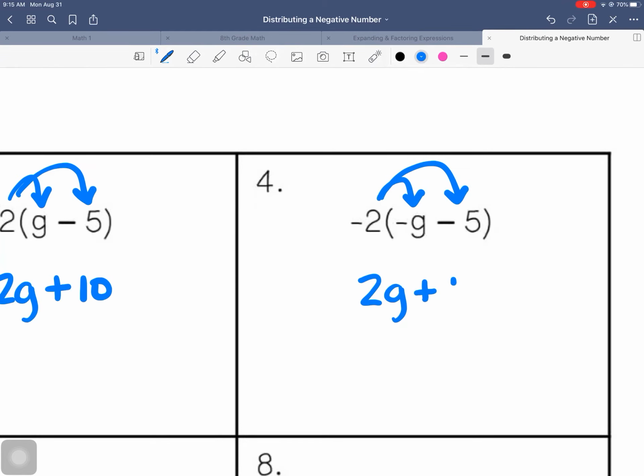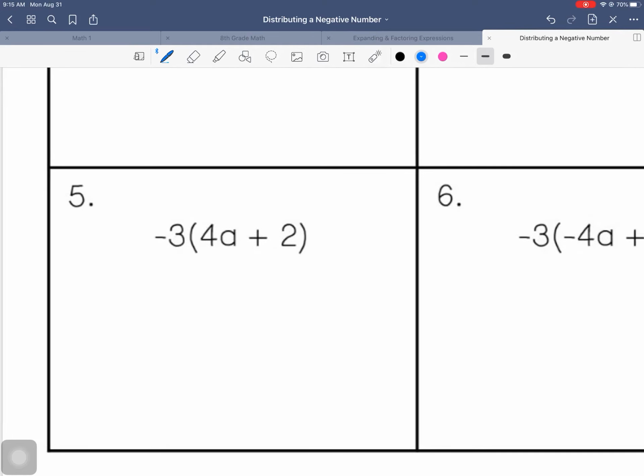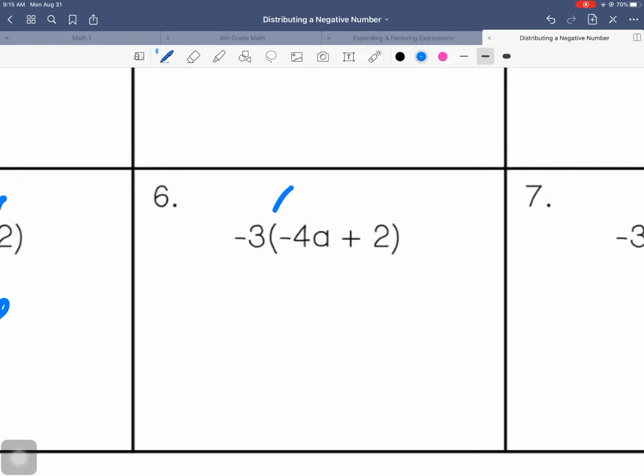Negative 2 times negative 5 is plus 10. Again, we are using multiplication to distribute, and we're paying close attention to our signs.